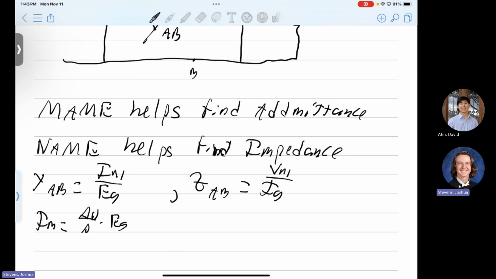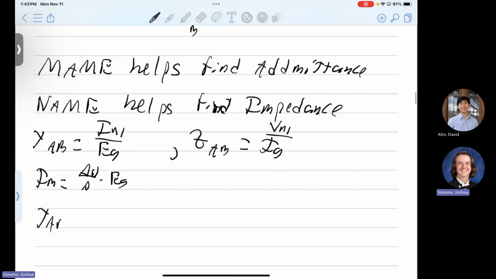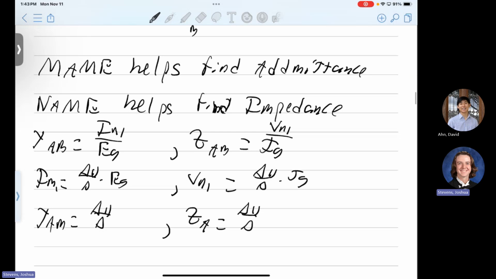So the EGs would cancel out, and then YAB would equal delta 1,1 over delta. And the same thing here, VN1 would equal delta 1,1 over delta times JG. Does that help explain it? Yeah, definitely. Okay. Anybody else have any questions on that, or did I confuse anybody further?